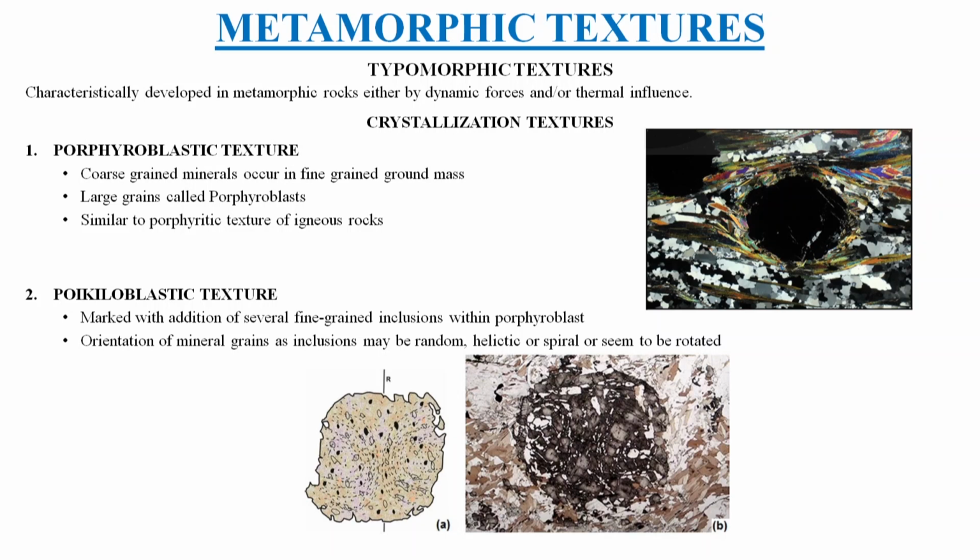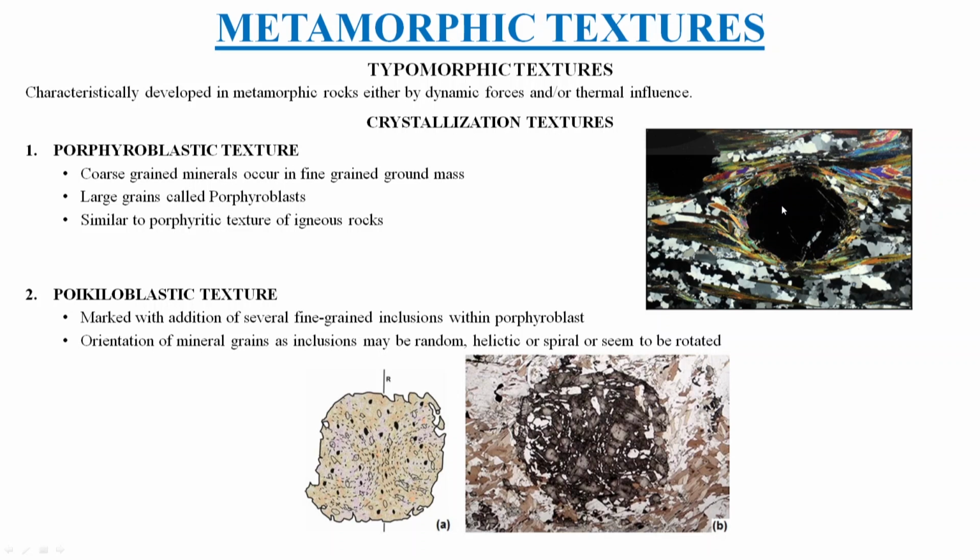When we are saying porphyroblastic, that means it is typically of metamorphic origin. Still you will get these two classes of grain size distribution. One, there will be larger grains, obviously surrounded by finer grains in the groundmass. So, you have the coarse grain mineral occurring in the fine grain groundmass.